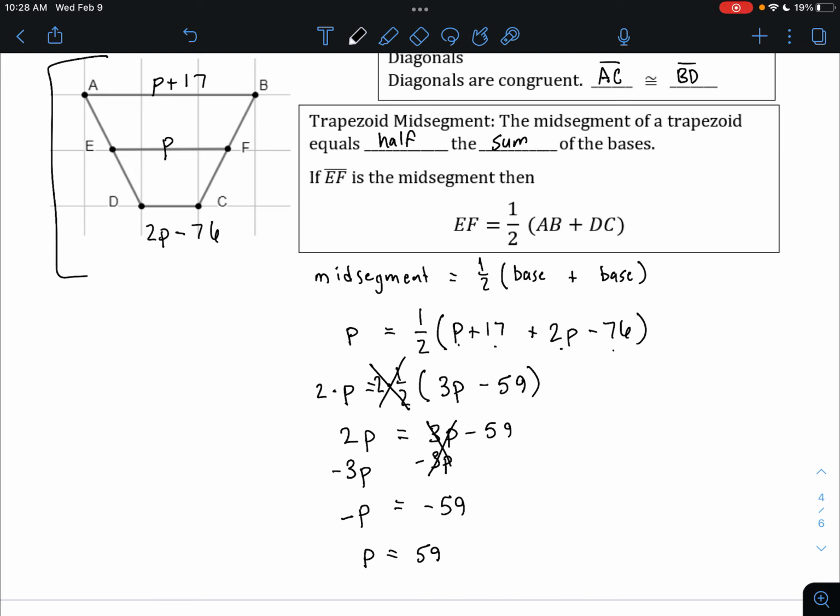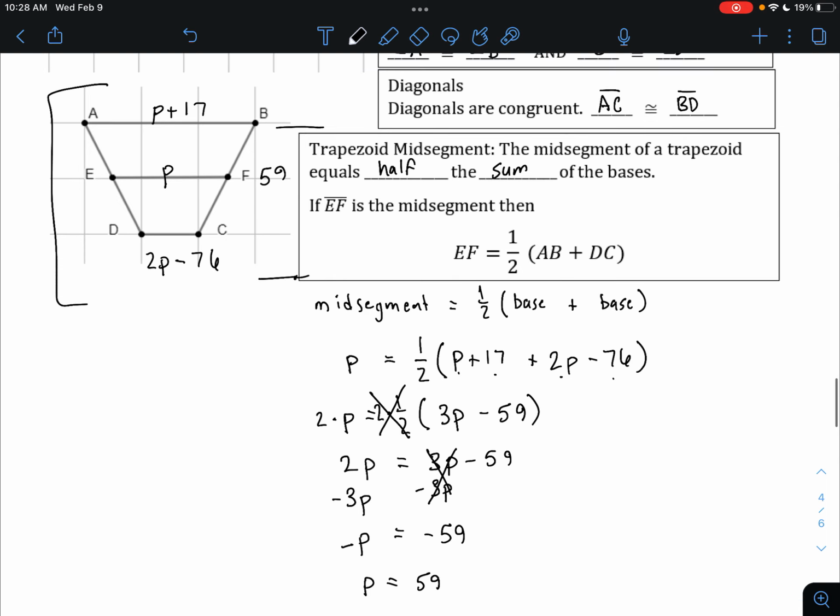So we found P, that's our midsegment. If I wanted to, I could go ahead and find AB and DC. Go ahead and do that. I'm going to leave that to you. Just remember, anytime you see a trapezoid with a midsegment, or basically a line going halfway down the middle, you're going to be using this equation.